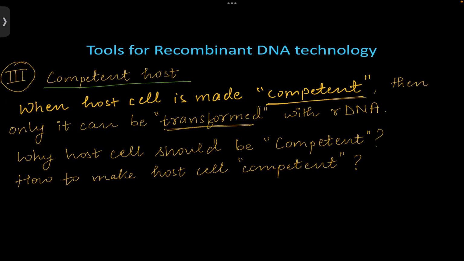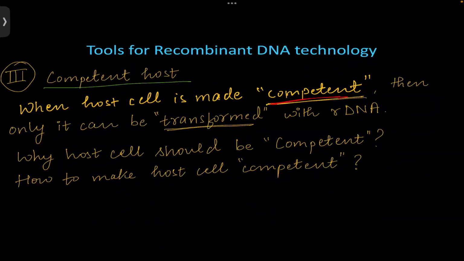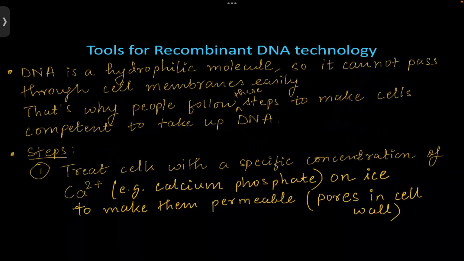Now, in order to introduce your recombinant DNA within a host cell, you have to first make the host cell competent. So what do I mean by competent, how will you make the host cell competent, and why is there a need to make a host cell competent? Competent means much more willing to take up something foreign.